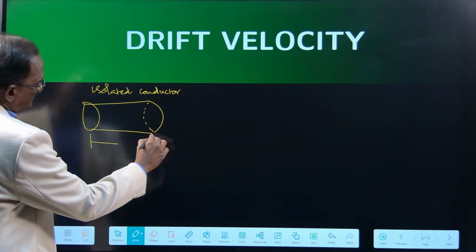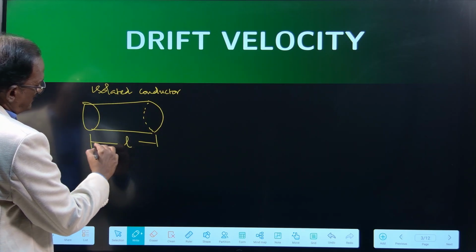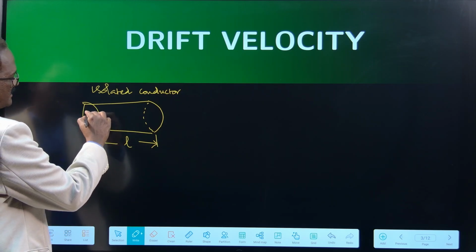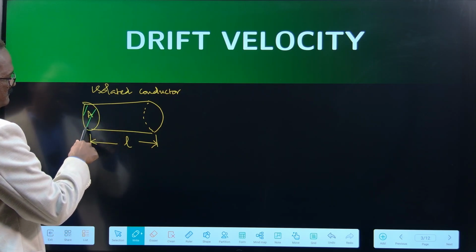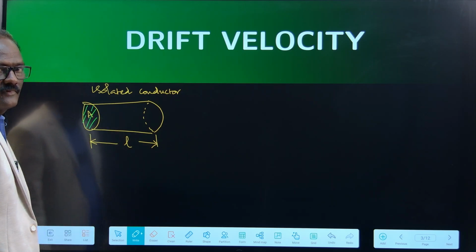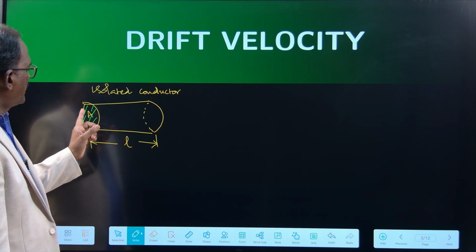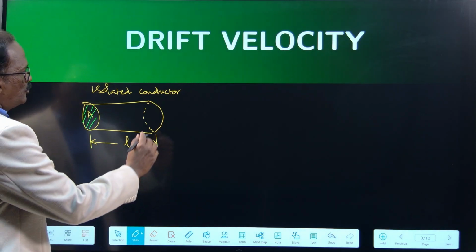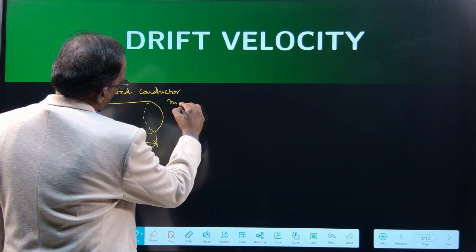Let the length of the conductor be L and its area of cross section be A. Length of the conductor L and area of cross section A. No electric field is applied.